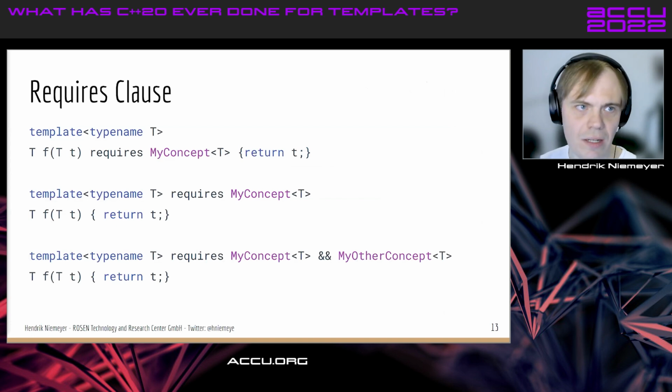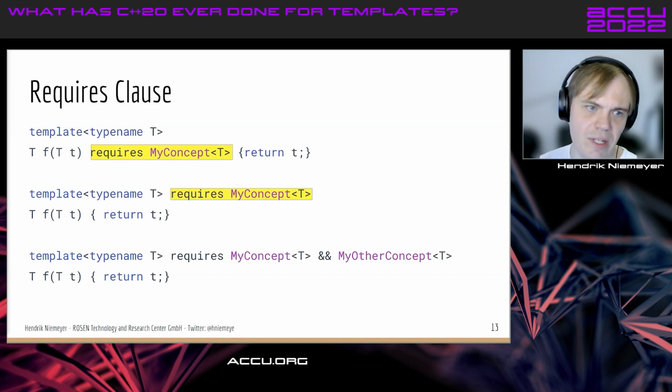Then let's talk in detail about the requires clause. So the keyword requires is used to introduce a requires clause, which specifies constraints on template arguments, here on the function declaration. It can appear as the last element of a function declarator, or it can appear right after a template parameter list.